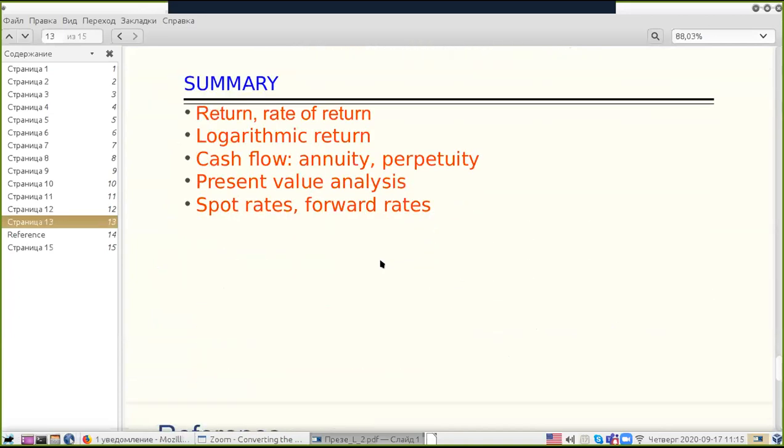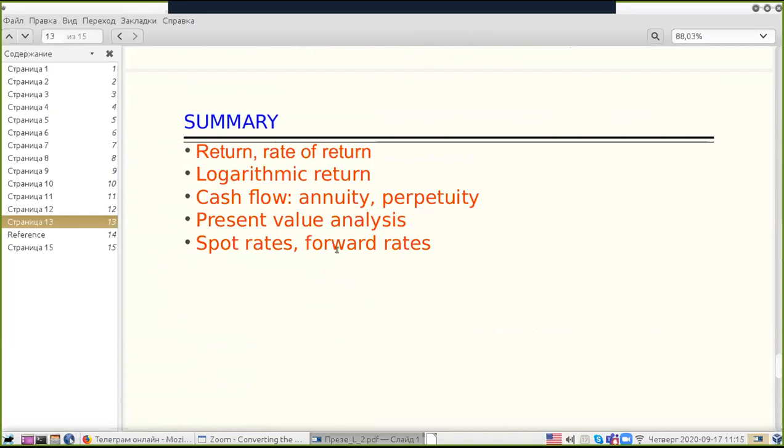And in summary, the main terms for our today's excursion to finance are return, rate of return, difference and profit, logarithmic return, cash flow, annuity, perpetuity, and how we can find present value and future value of a cash flow. It is present value analysis, and spot rates and forward rates.